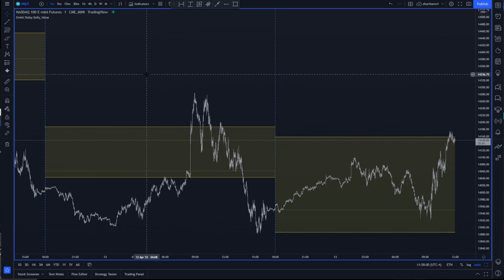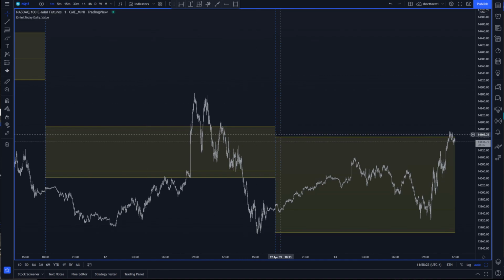This is actually a really simple script. You don't really need TradingView for that. You can use whatever platform you want, because it should show the same thing, and it's basically yesterday's volume profile value area.